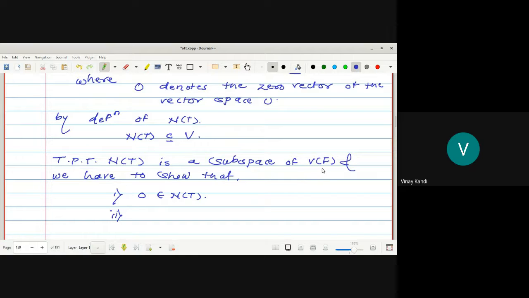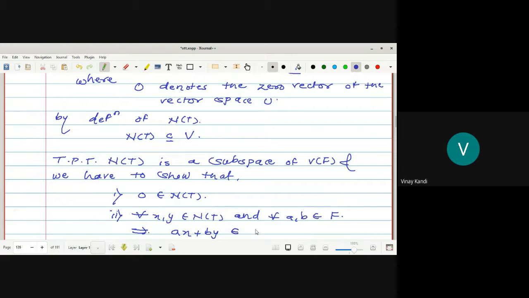By the definition of vector space, you have to show that for all x and y belonging to N(T), and for all a and b belonging to the field F, this implies ax plus by belongs to N(T).